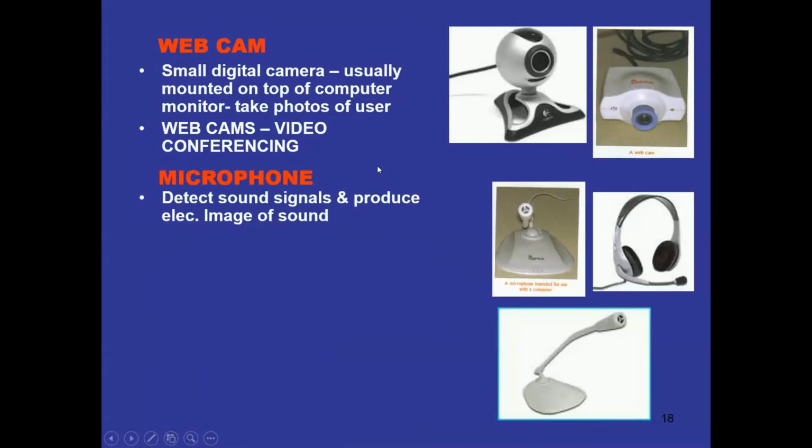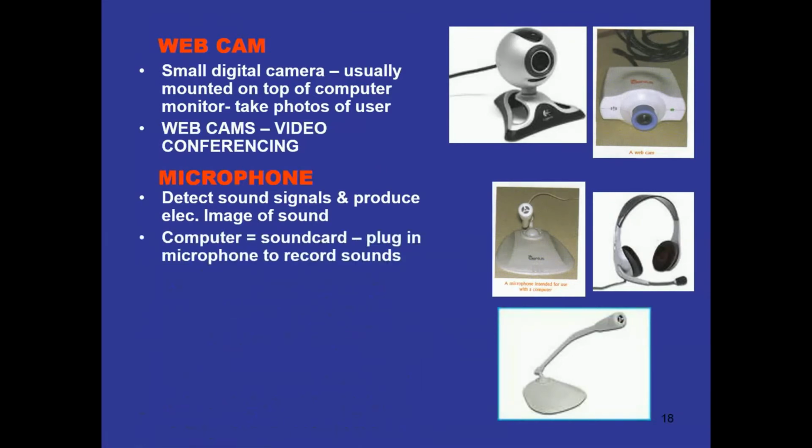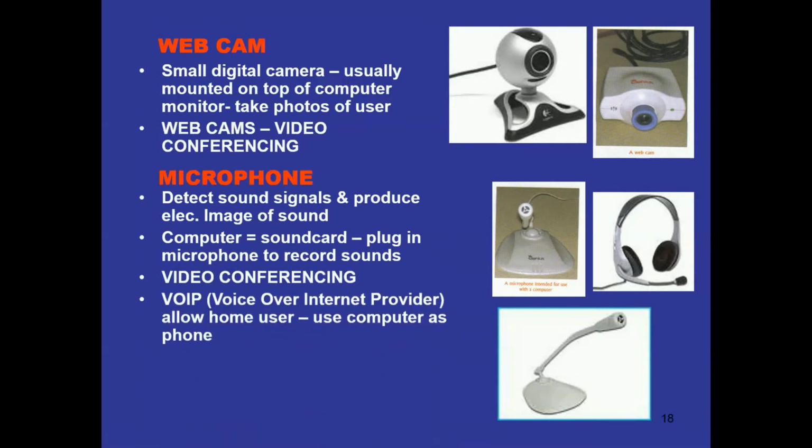A microphone detects sound signals and then it produces an electrical image of the sound. The computer has a sound card which is plugged where the microphone is plugged in, and this then enables the recording of sounds. A microphone is another very important component of video conferencing.